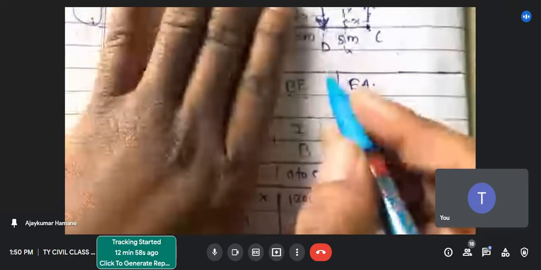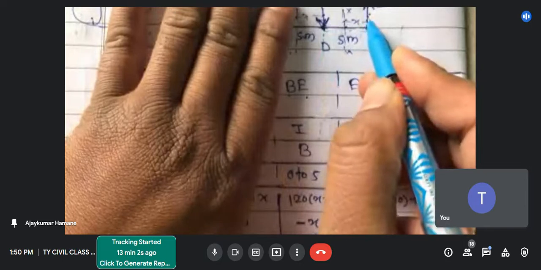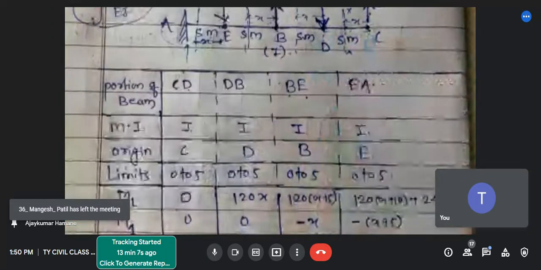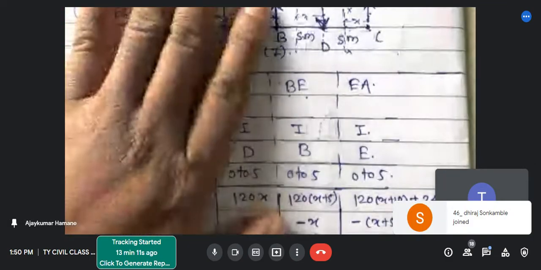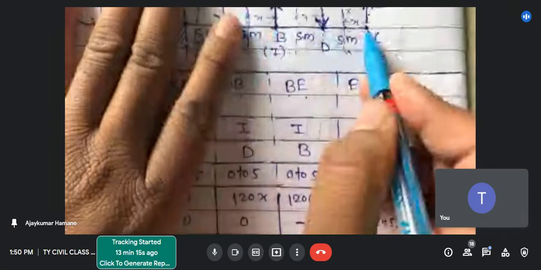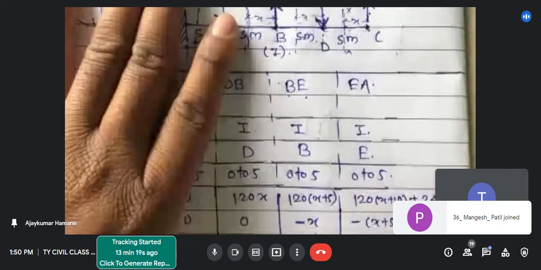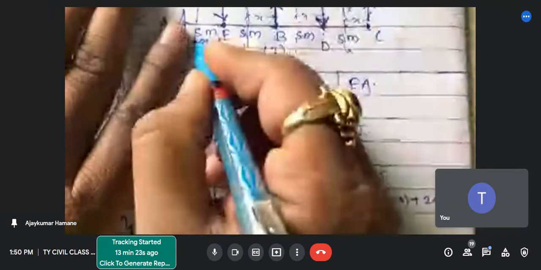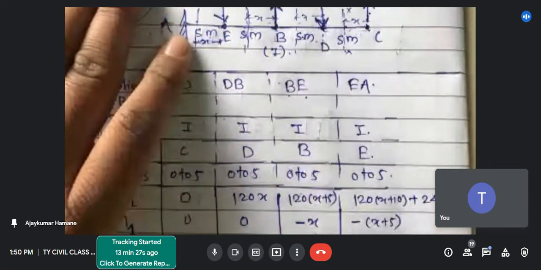Now next one is, if I take a section, now D as origin, but unit load is along coordinate 2, so what? x plus 5, minus x plus 5. Now for EB, if I take a section here, this load gives x plus 10, minus x plus 10. Now coordinate 2 here, minus x plus 15.